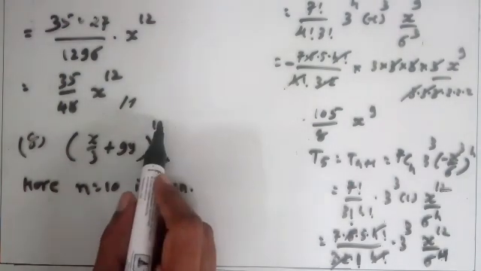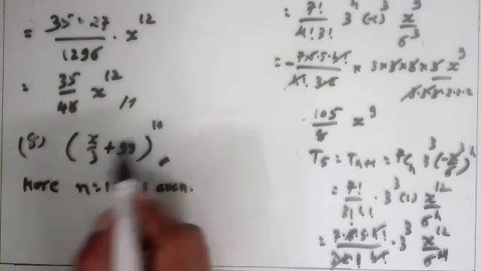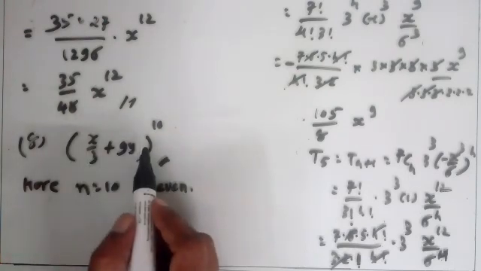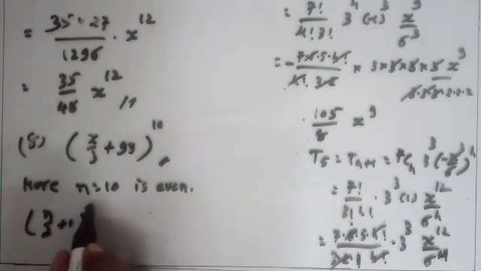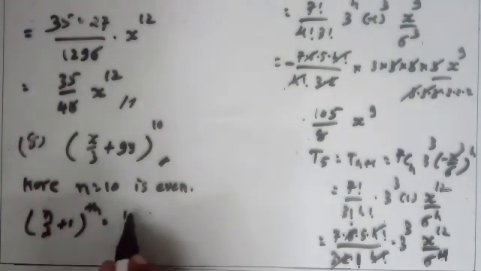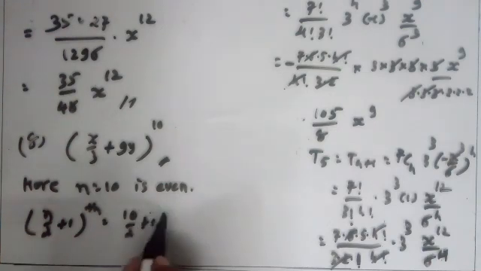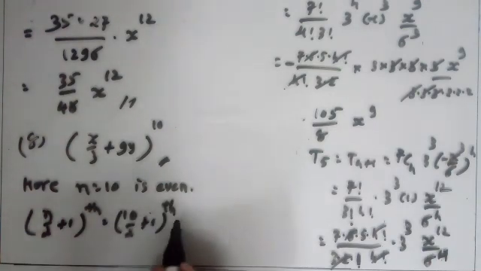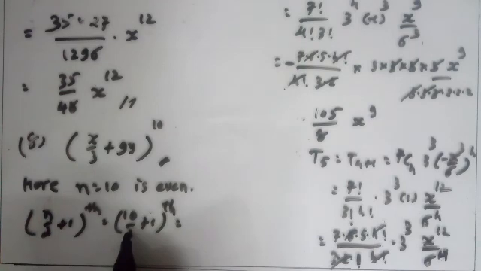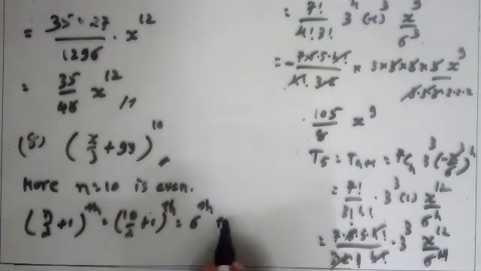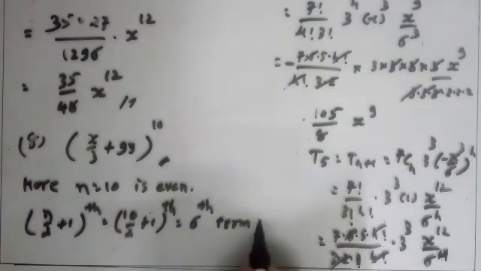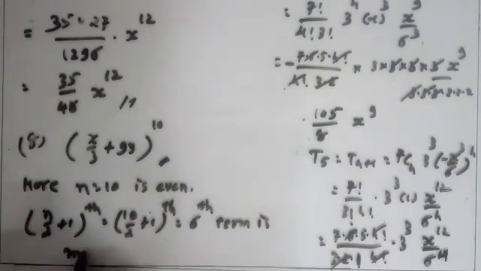Therefore the number of terms in the expansion is odd, so one term becomes the middle term, and n by 2 plus 1 is equal to 10 by 2 plus 1, that is 5 plus 1, the sixth term, is the middle term. Clear?